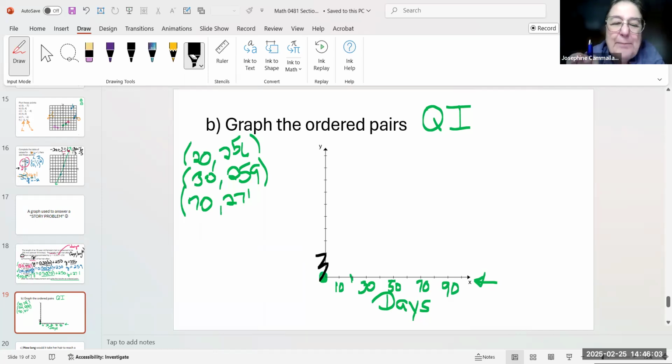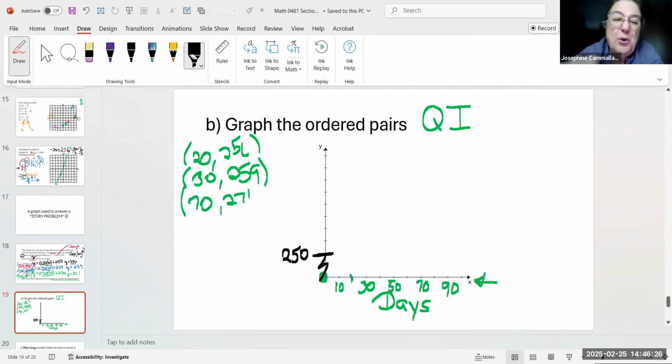That means I'm chopping off everything until I get to 250. So that means that's where I'm starting, is 250, and 250 will be at this line.